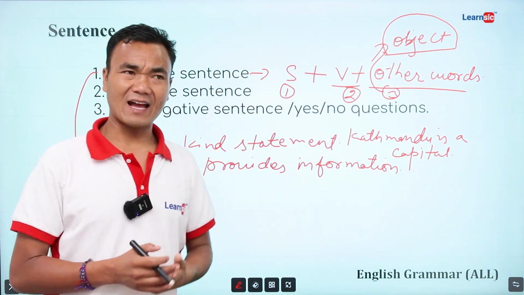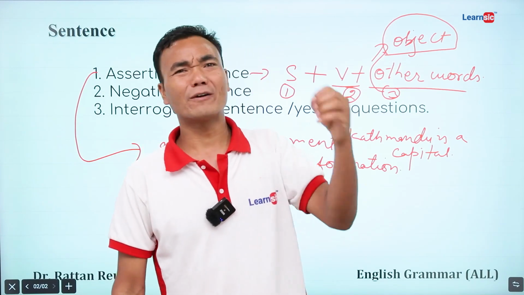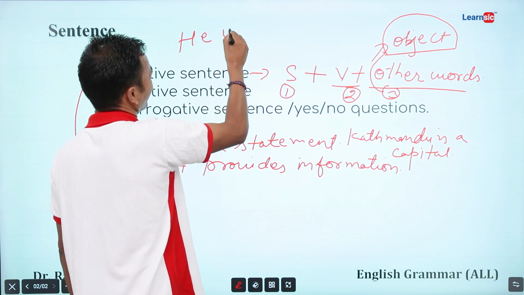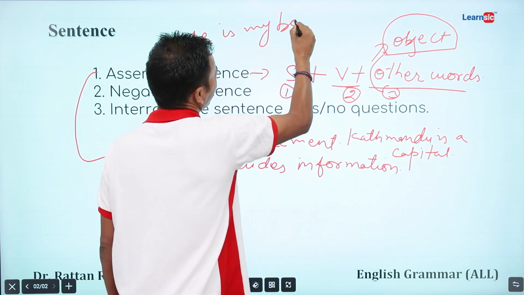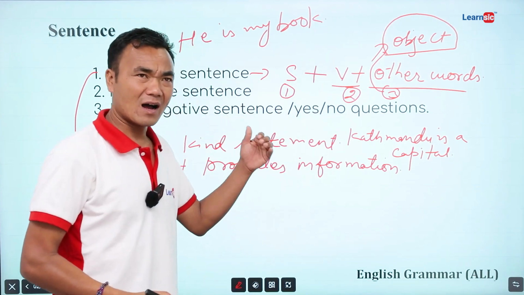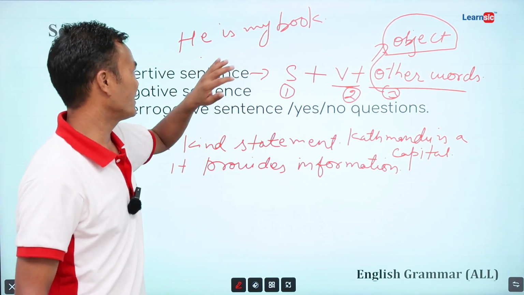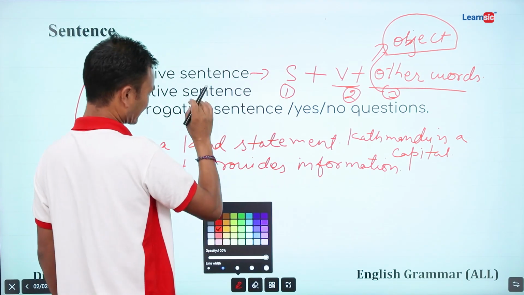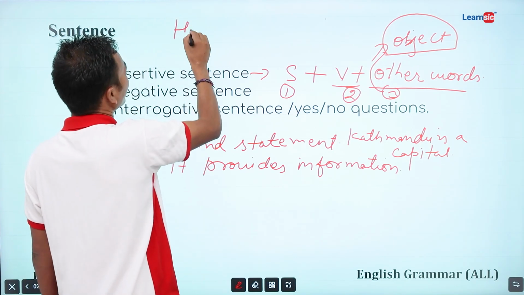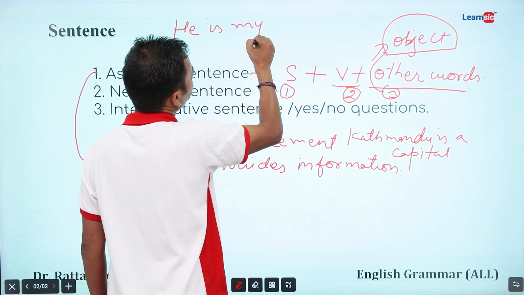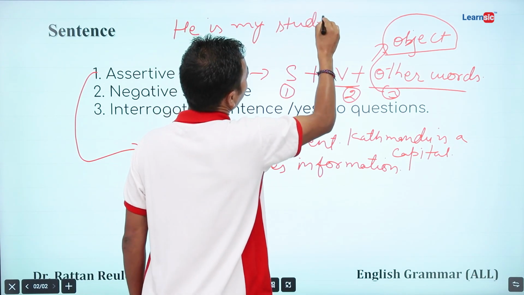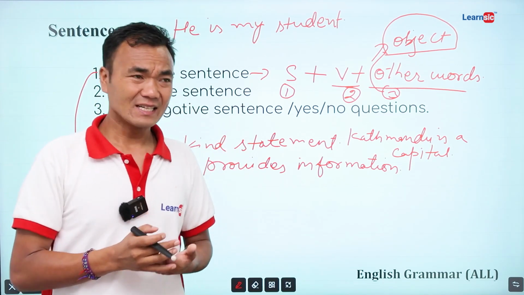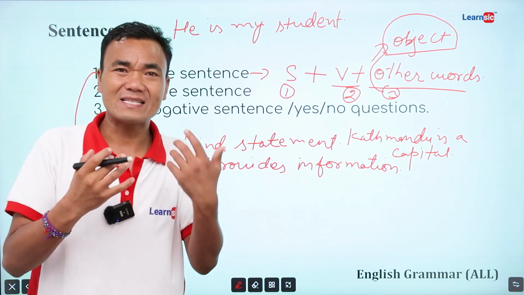We tell a fact to somebody. Therefore, I always say that an assertive sentence is only for providing information. For example, if I say he is my student, it is information that I have passed. This is a statement, my announcement, my claim.